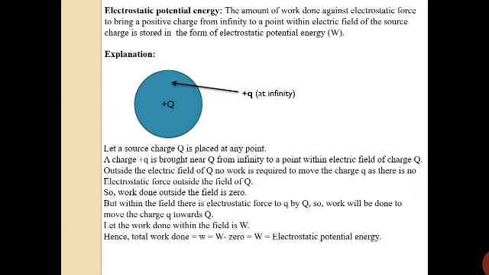One thing you should know: when electrostatic potential energy is given, it is given to both the charges. So the small q and capital Q are basically forming a system, and this energy will be stored in this system only, and not just with the small q or just with the capital Q. So I hope the concept is clear.